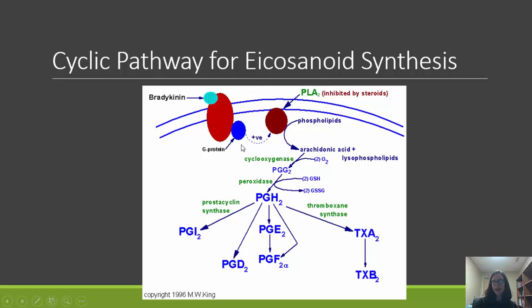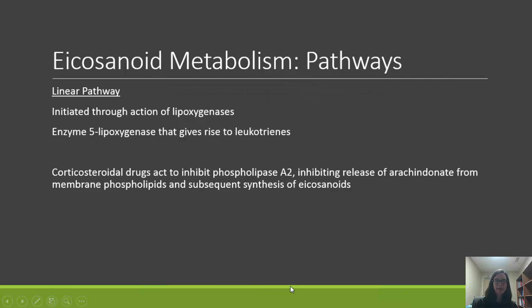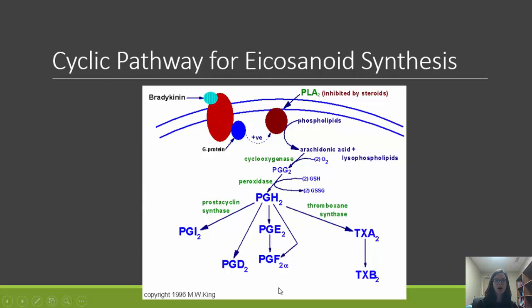That will eventually activate phospholipase A2, and that hydrolyzes arachidonic acid from the membrane phospholipids. And then we have our cyclooxygenase activity and our peroxidase activity, and then the ultimate fate, which is all these different varieties of prostaglandins and thromboxanes.